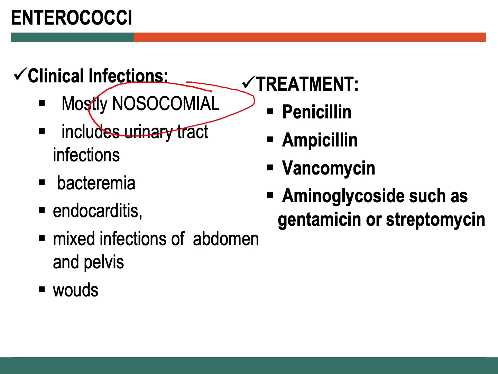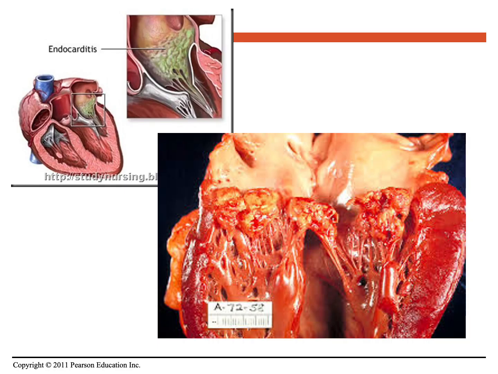Treatment of choice: penicillin, ampicillin, and vancomycin. Remember, there are vancomycin-resistant Enterococcus organisms, so you can give other antibiotics like aminoglycosides. Your Enterococcus organism also causes endocarditis, same with your Staphylococcus infection.